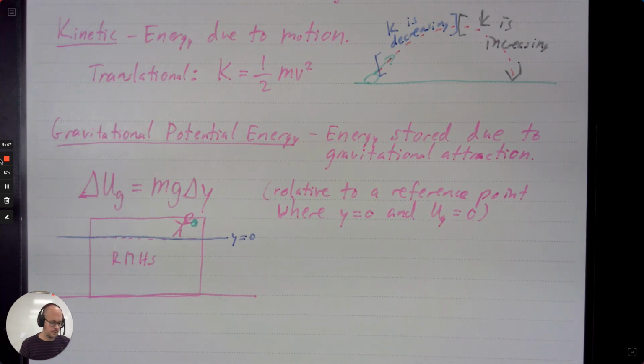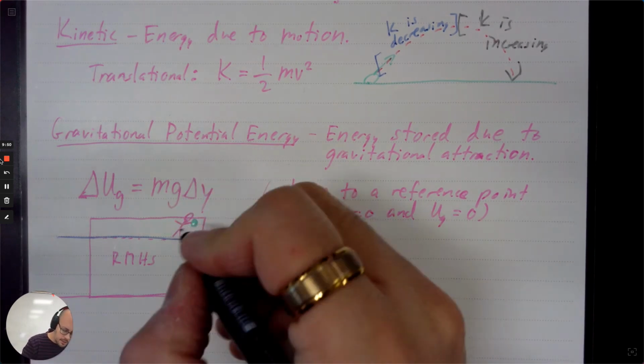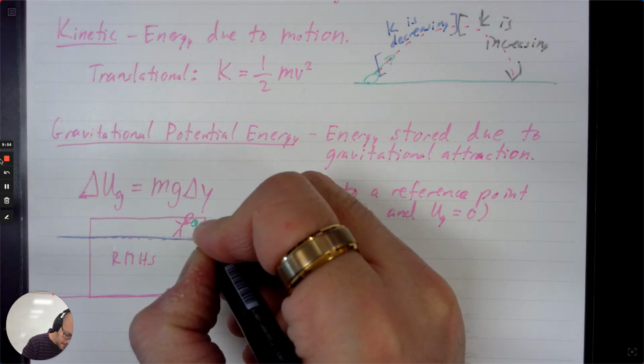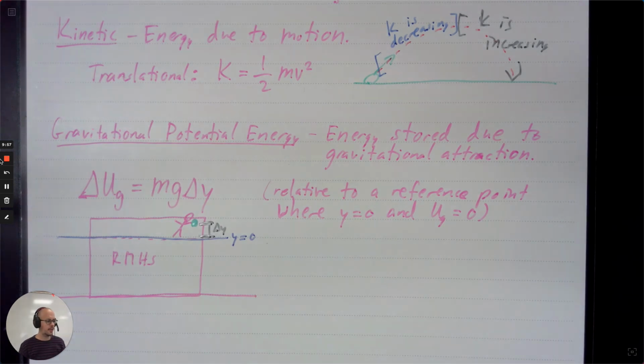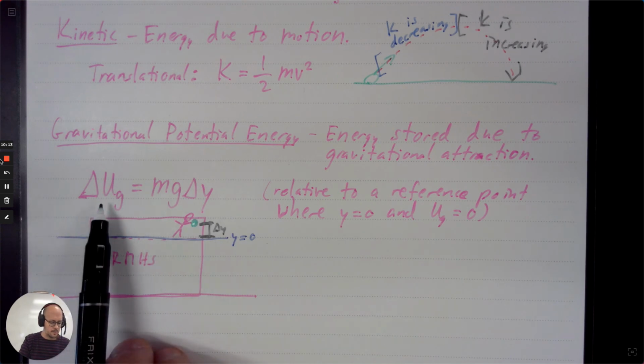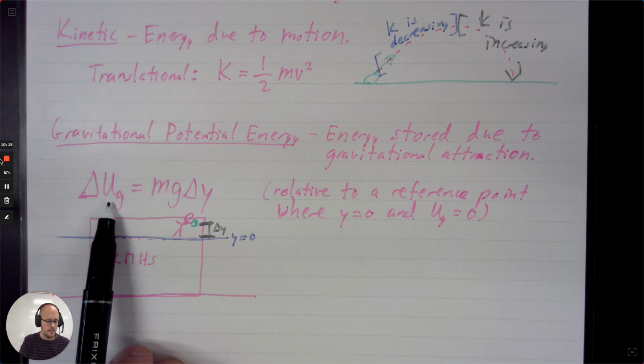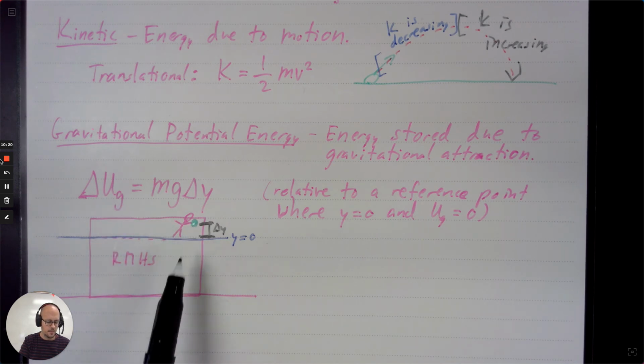And so the delta y is this height right here, and that is an easily measurable height. This is an awful drawing, but if I hold something in the air in the classroom, I can take a meter stick, put one end on the ground, and very easily measure the height of that object relative to the ground. When I use this equation, I am communicating how much more gravitational potential energy this ball has than if it were on the ground.